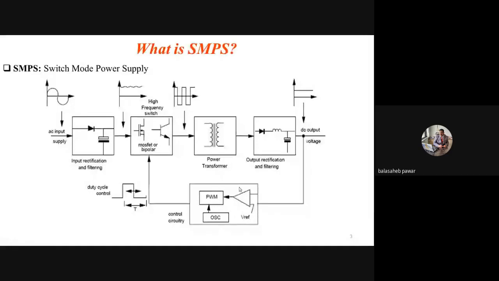Why is it necessary? The output of that PWM is pulses having some duty cycle. So by controlling the width, we can control the turn on and turn off period of the switch. Yes, that is the purpose of using this PWM circuitry.